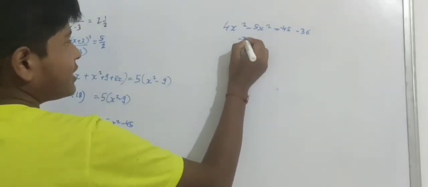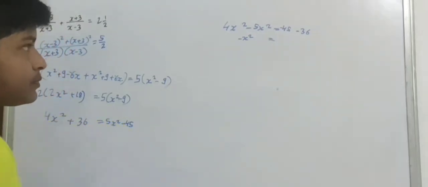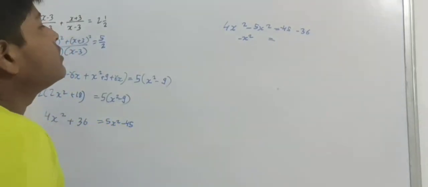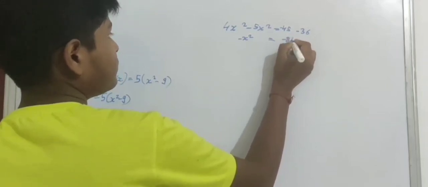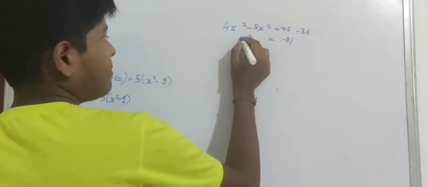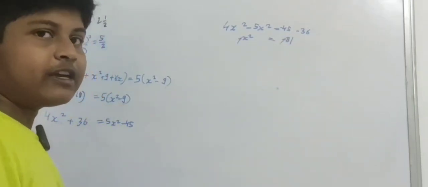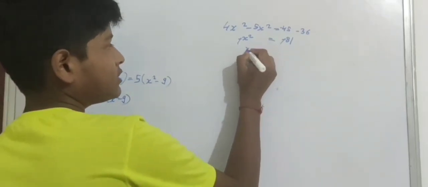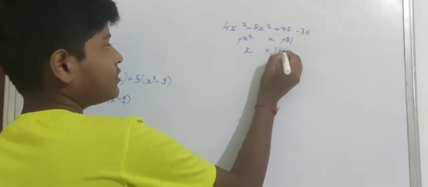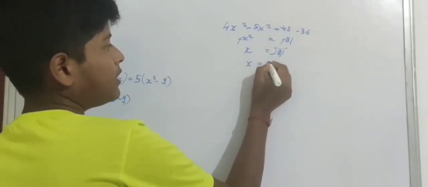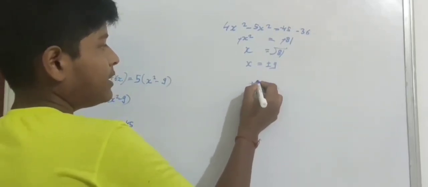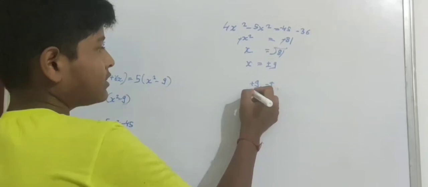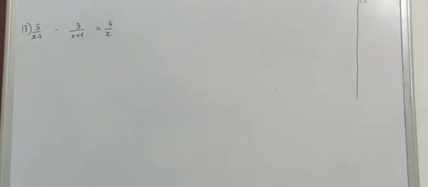So it will be minus x square is equals to minus 81. So minus will be cut because both sides we have minus. Now x is equals to under root 81. So it will be plus minus 9. So the roots are plus 9 and minus 9 as your answer.